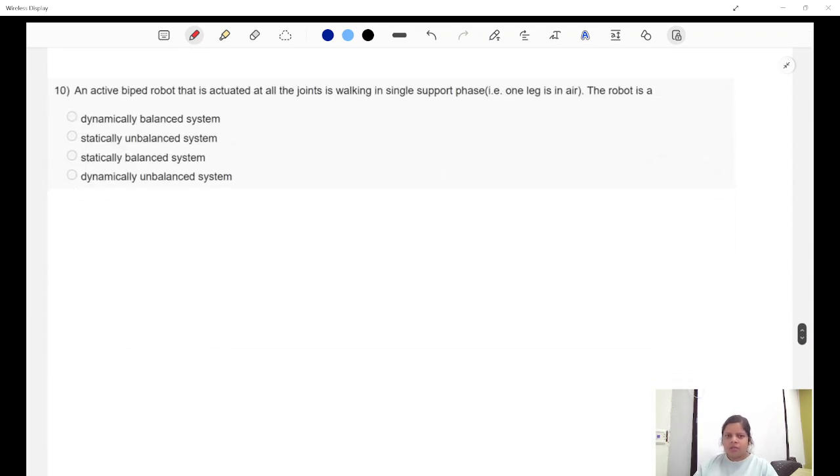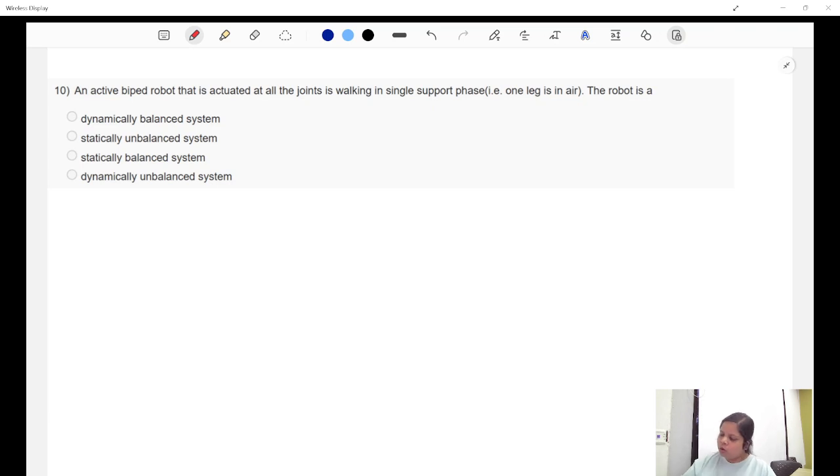An active biped robot that is actuated at all joints is working in single support phase, which is one leg in air. So the robot is a dynamically balanced system, statically balanced system, statically unbalanced system, or dynamically unbalanced system.